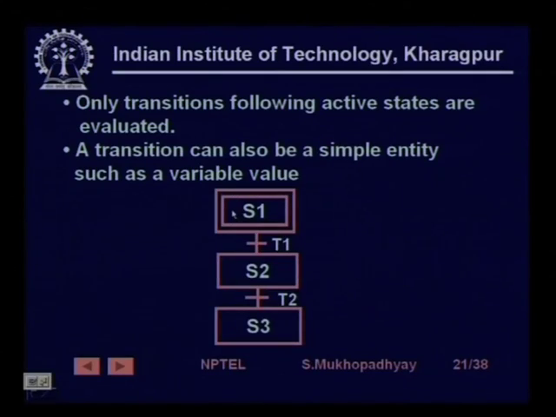In this case, S1 is an initial step. While S1 is active, T1 is active, and if the conditions for T1 are fulfilled, then it will come to S2. While at S2, T2 also becomes active, and if T2 occurs, then it will go to S3.